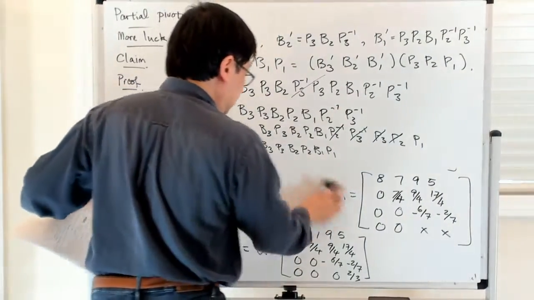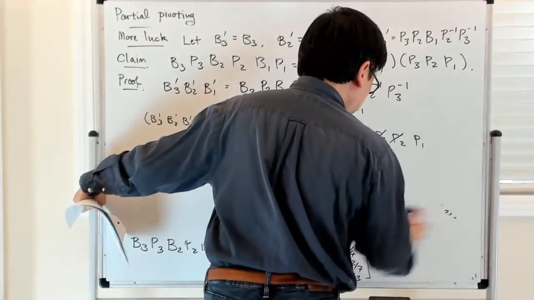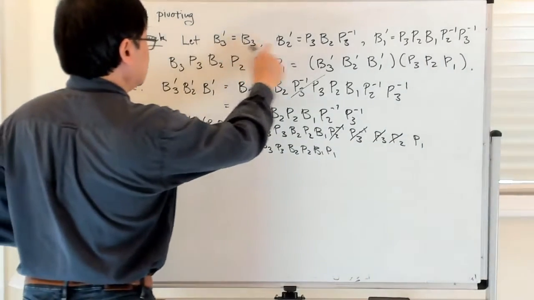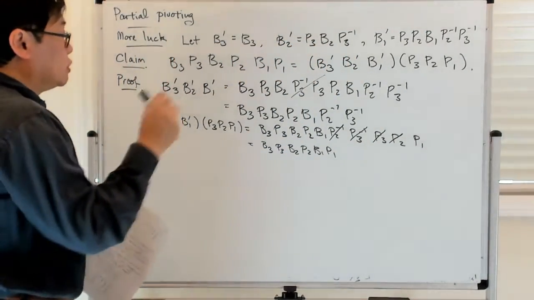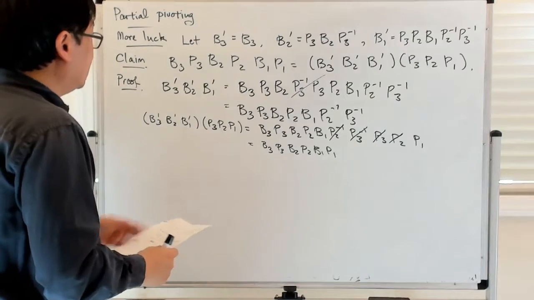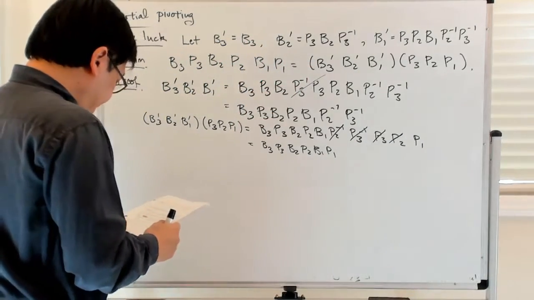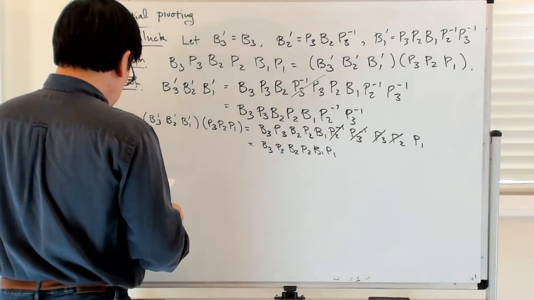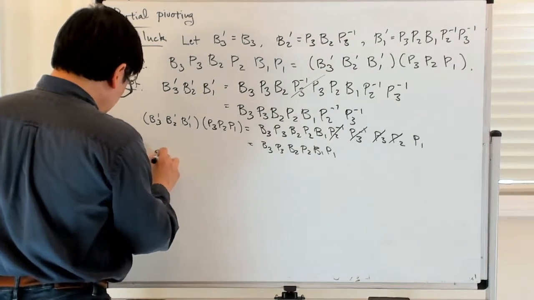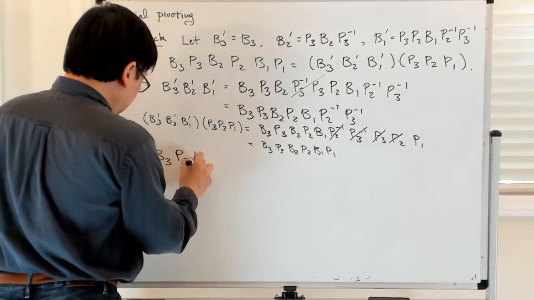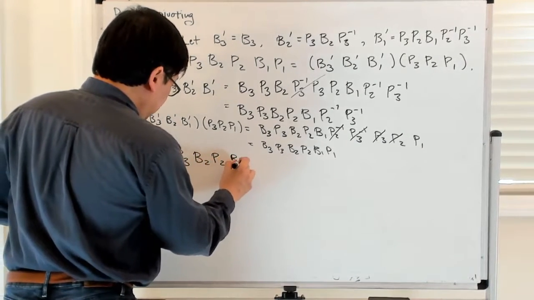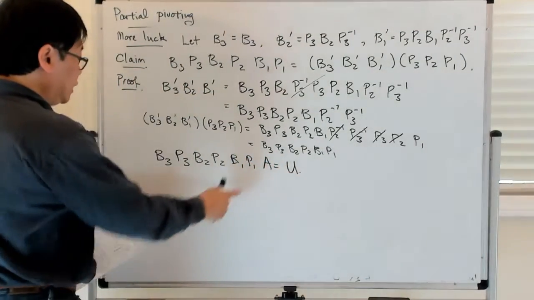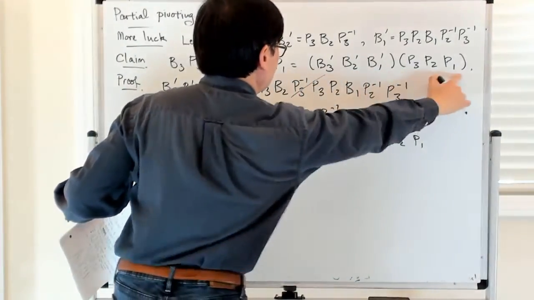So this basically tells you that by appropriately transforming these matrices, which correspond to the elementary row operations by the permutation action, you can rewrite the expression which you had, which was originally B3, P3, B2, P2, B1, P1 times the A matrix is equal to U. I can rewrite this now in terms of this and this.